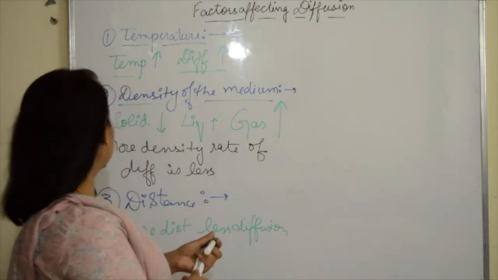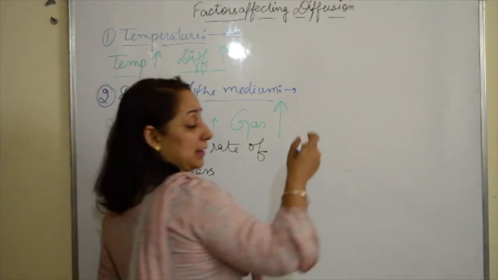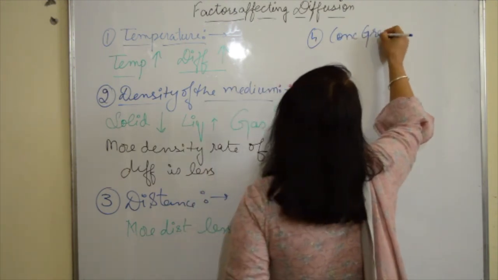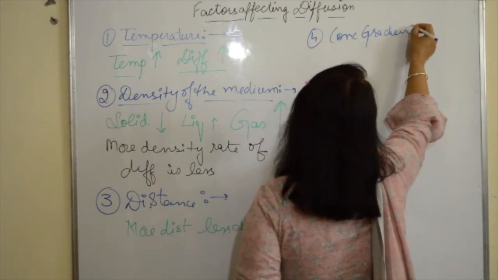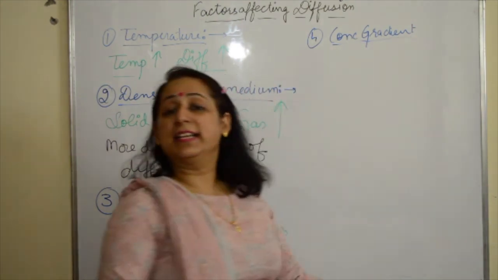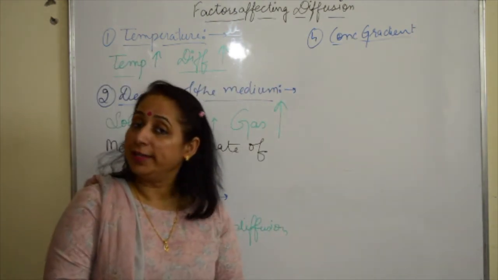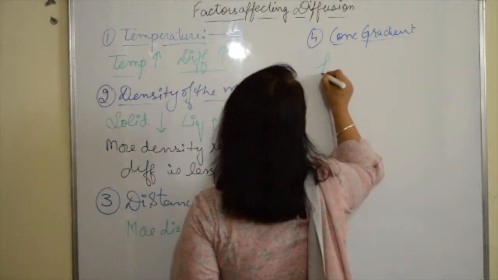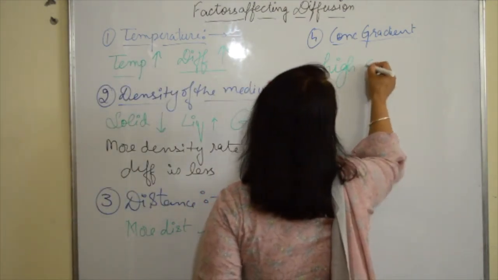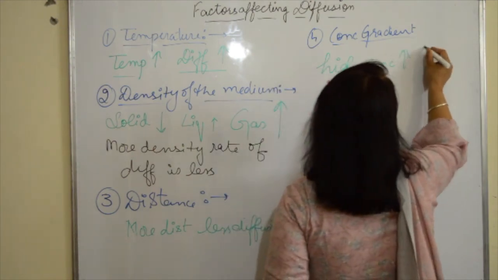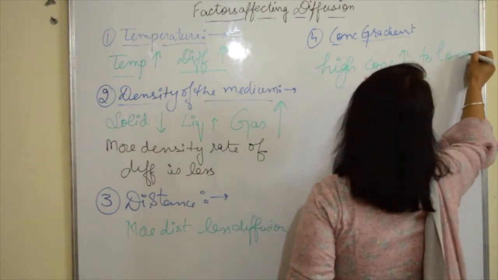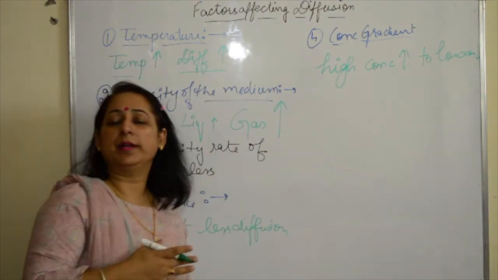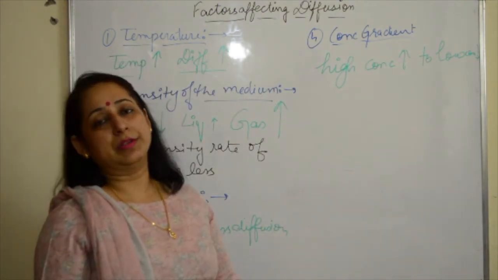Right? Next factor, the fourth and last factor, is concentration gradient. We already know, we have discussed in passive transport also, that diffusion always takes place from high concentration to low concentration of solute. So it always moves from a concentrated solution to a less concentrated solution.